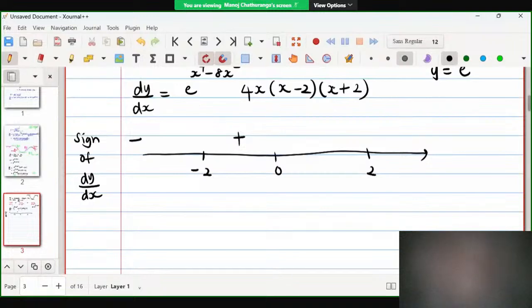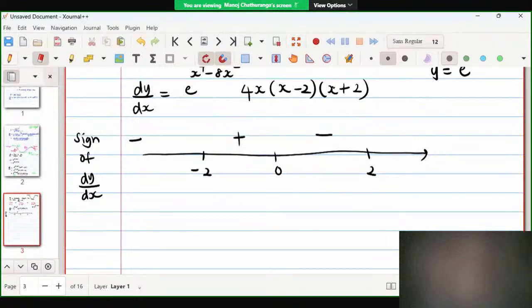Now let's take a point between 0 and 2, say 1. At 1, this is plus, this is plus, 1 minus 2 is negative 1, and 1 plus 2 is 3, which is positive. So the product is negative.